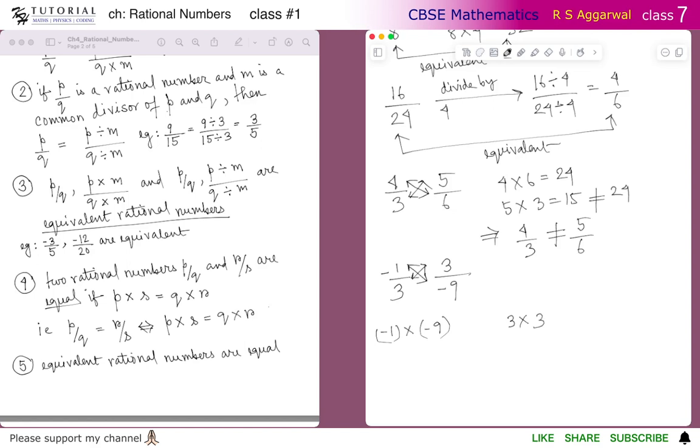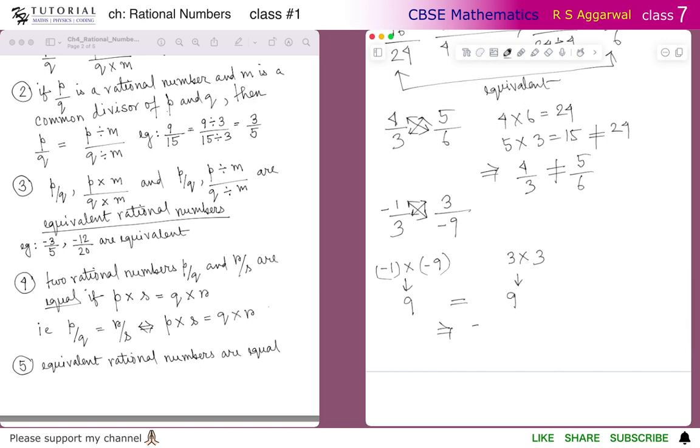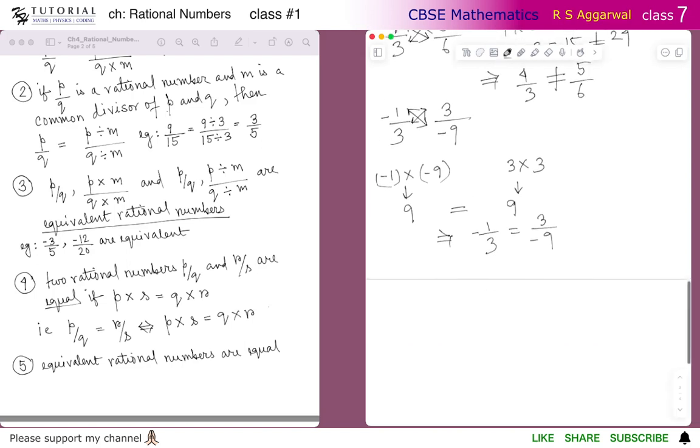So this is 9 and this is 9, they are equal. So this implies the rational number minus 1 by 3 is equal to the rational number 3 by minus 9. Two equivalent rational numbers will always be equal.